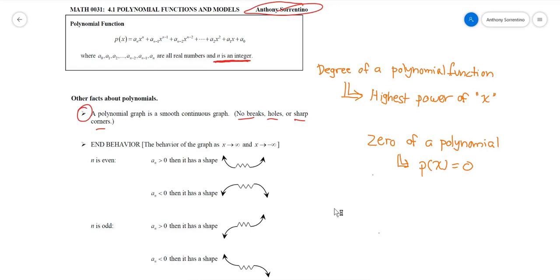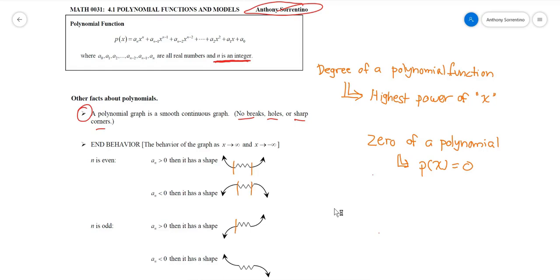When we're talking about the degree of a polynomial, that first tells us possibilities about how many zeros I could expect. It also gives us an idea about the shape of the ends of the function, and that's what these little markings here are indicating.